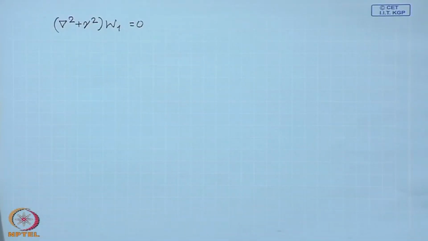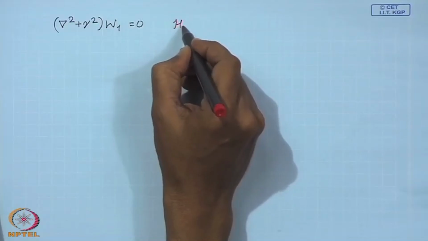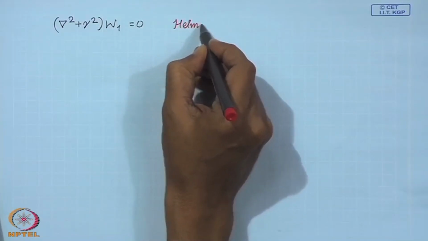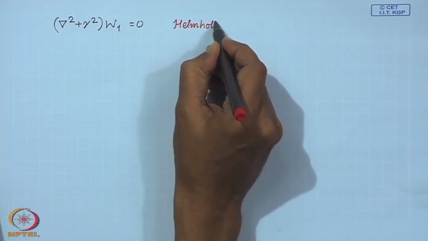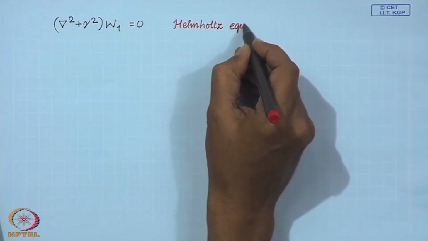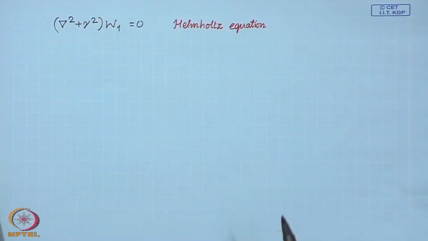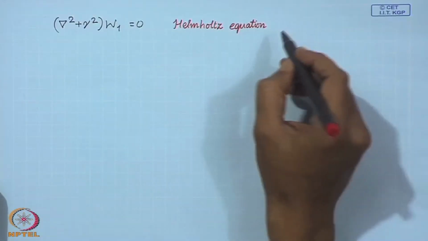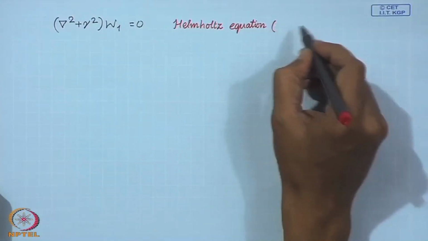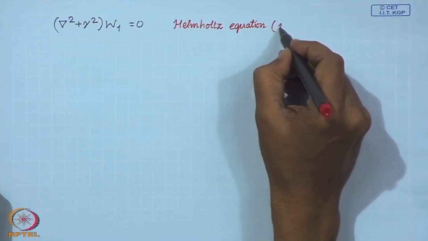Now, this differential equation is also known as the Helmholtz equation, which we have come across when we discussed dynamics of membranes.